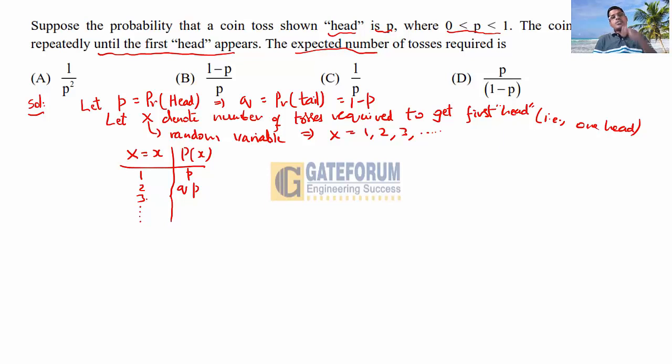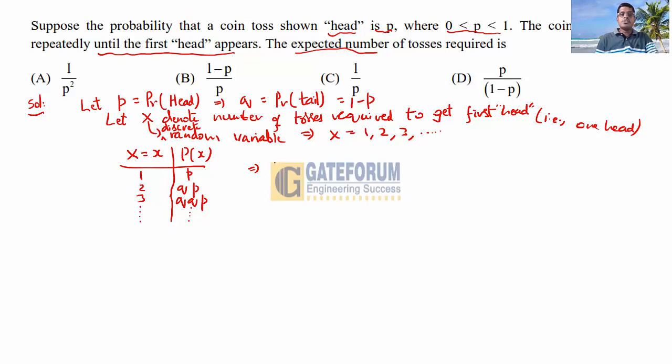What is probability of X is equal to 3? Q, Q, P. That is probability of getting tail in the first toss, tail in the second toss, getting first time head in the third toss, etc. Where it stops, we don't know. So X is a discrete random variable.